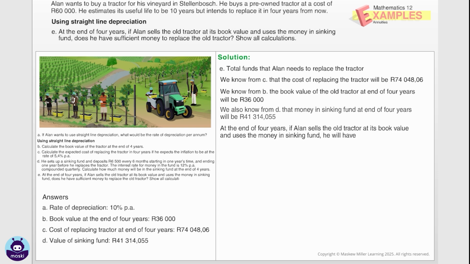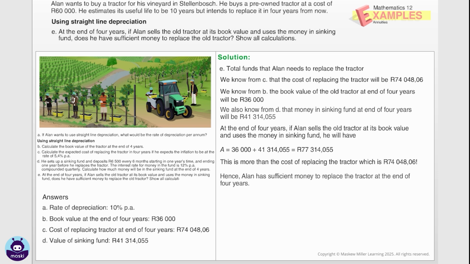At the end of 4 years, if Alan sells the old tractor at its book value and uses the money in the sinking fund, he will have A equals 36,000 plus 41,314.055 equals 77,314.055 rand. This is more than the cost of replacing the tractor, which is 74,048 rand and 6 cents. Hence, Alan has sufficient money to replace the tractor at the end of 4 years.